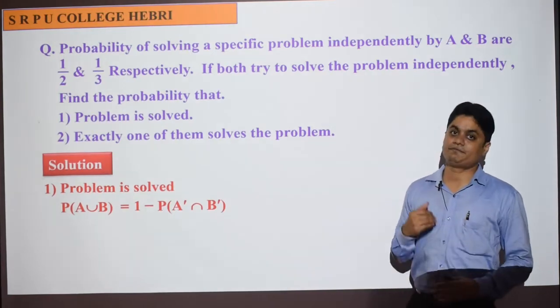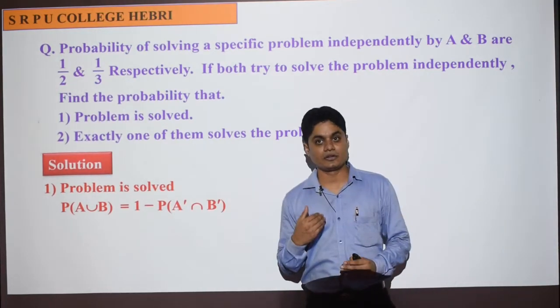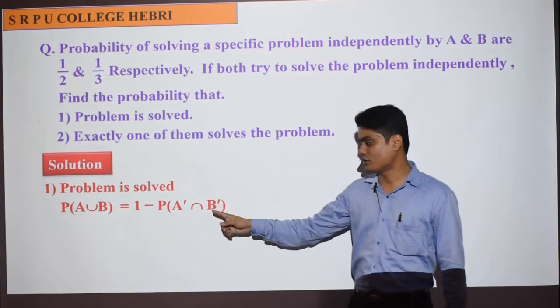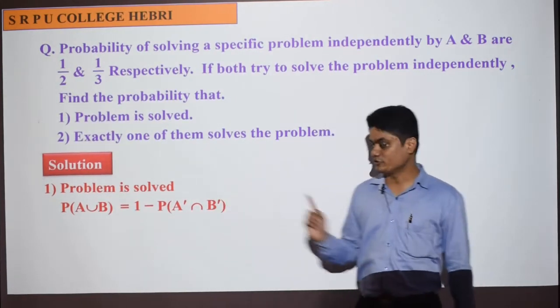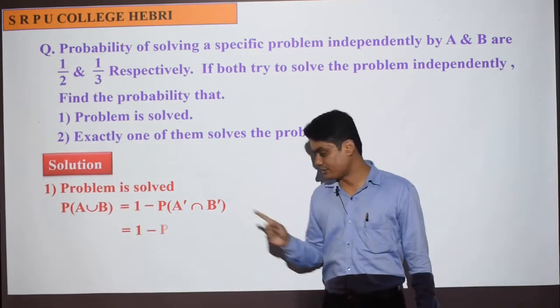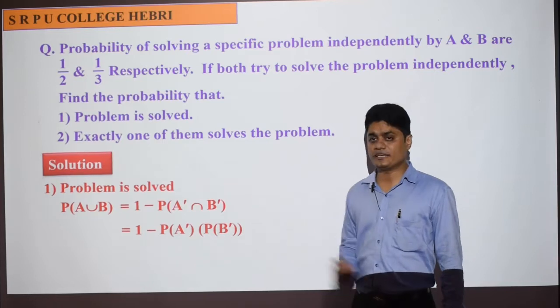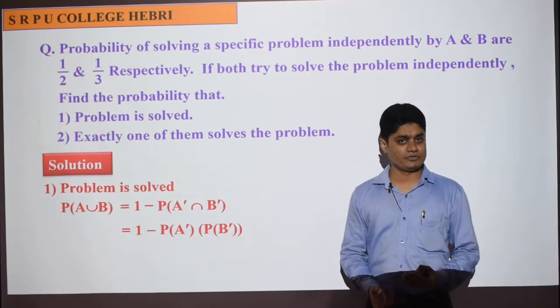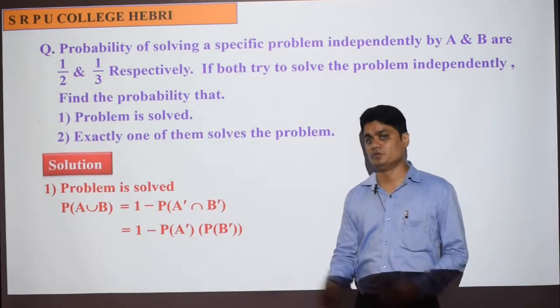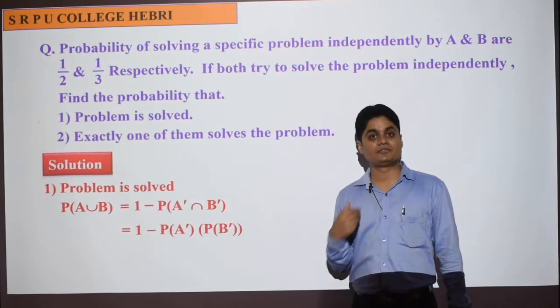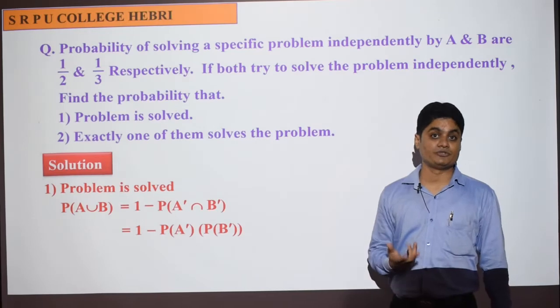And we know that if A and B are independent, their complements are also independent. So the probability of A complement intersection B complement is equal to the probability of A complement into the probability of B complement. Here, if you use the probability of A union B formula directly, the calculation will be more compared to this. This is very simple, so you can use this method as well as the probability of A union B formula.